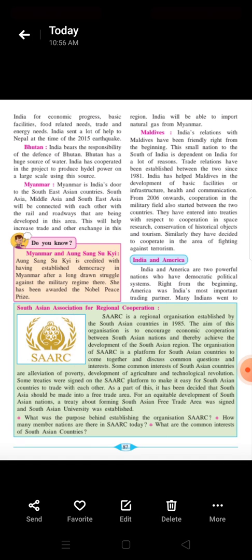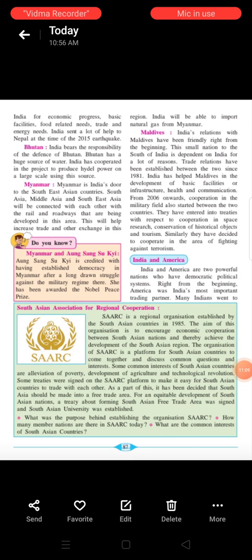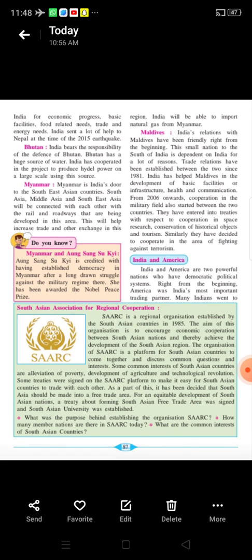Okay, children. Now, let us see the next point, that is the South Asian Association for Regional Cooperation. Okay, children. So, let us see what that is. SAARC. This is one of the regional organizations established by the South Asian countries in 1985. The aim of the organization is to encourage economic cooperation between the South Asian nations and thereby achieve the development of the South Asian region. SAARC is a platform for the South Asian countries to come together and discuss common questions and interests.